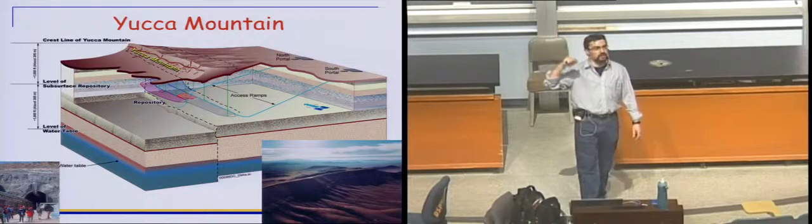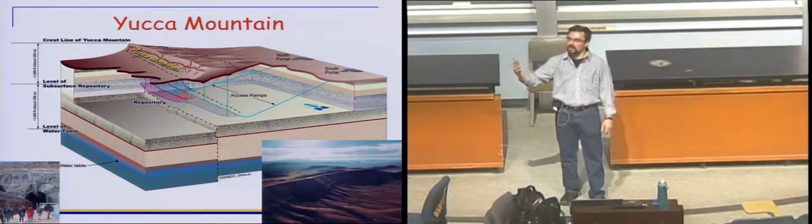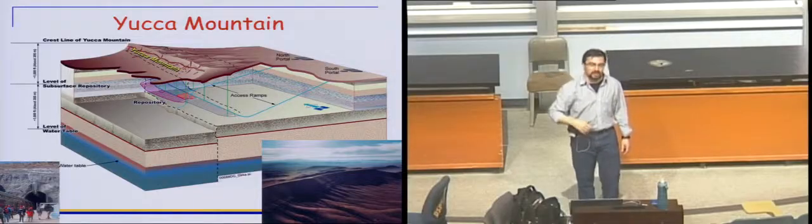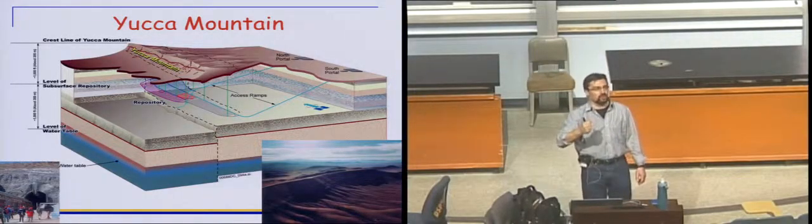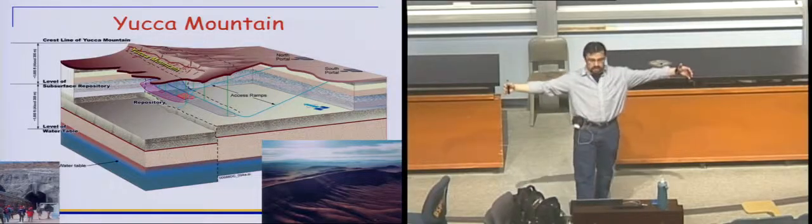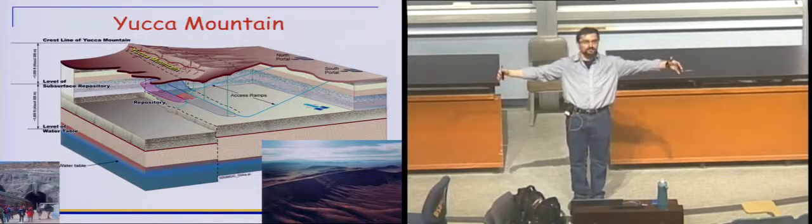When it's safe to pull them out of water, when they don't produce enough energy to actually melt those assemblies, the rods are pulled out and put into so-called dry casks. Basically, containers about this big.